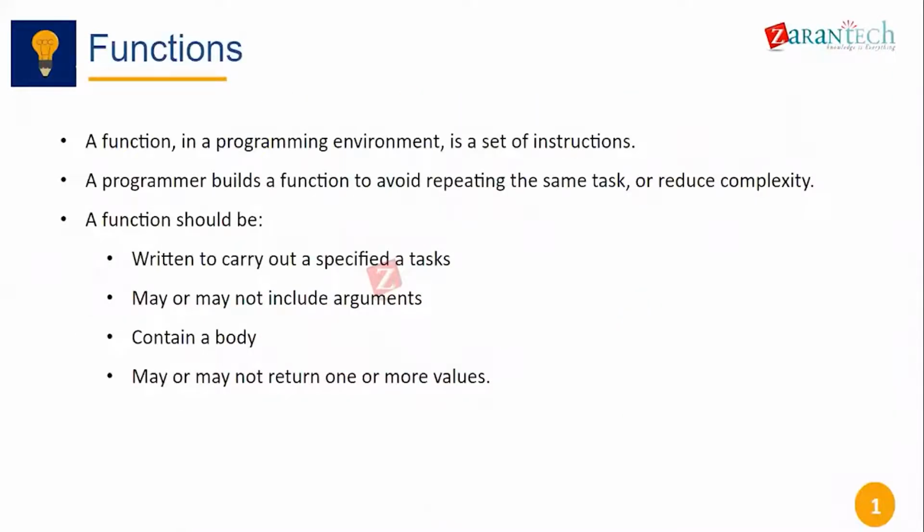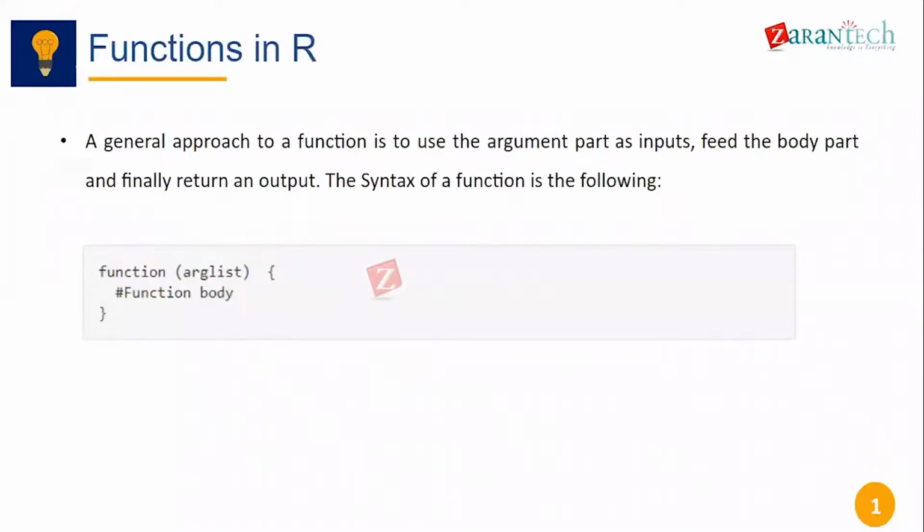Some of the functions are mentioned in here. We'll be looking at much larger functions. This is generally from the perspective of user-defined functions. If you want to create a user-defined function, we'll see some examples later on if needed. Basically, the start is function, and you write a function body as in any other programming language. So this is the general structure.